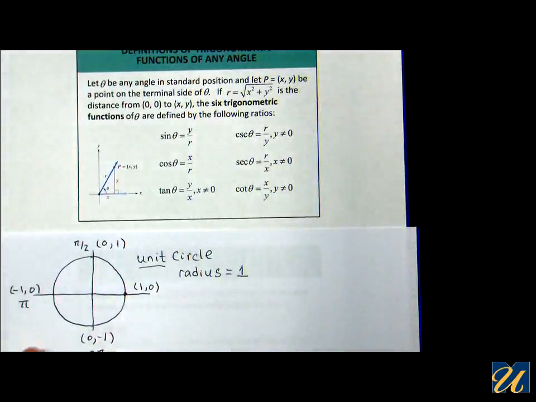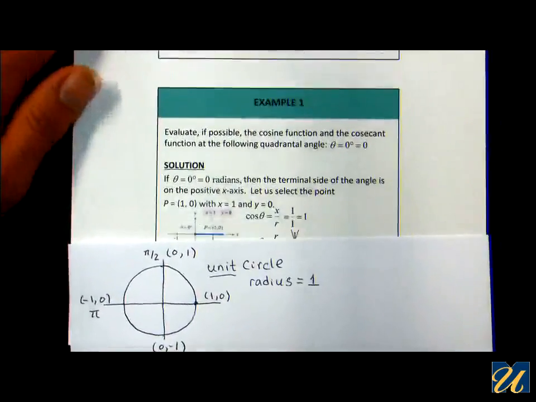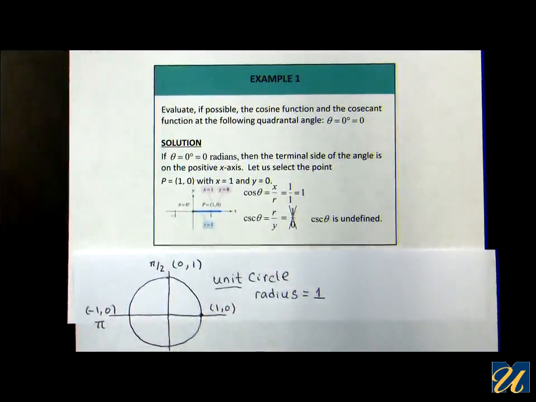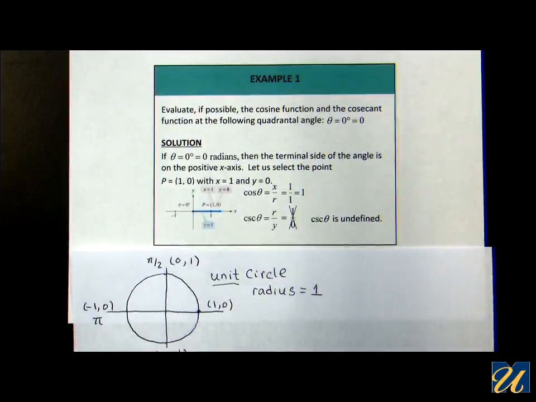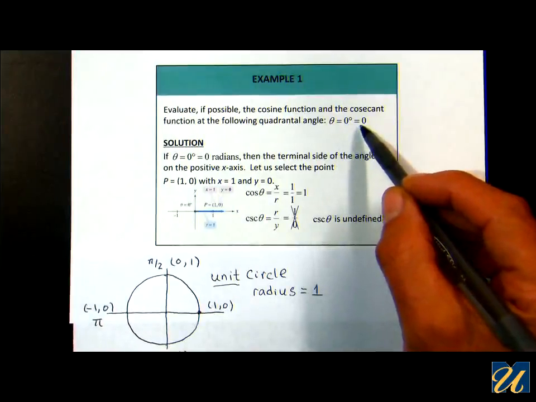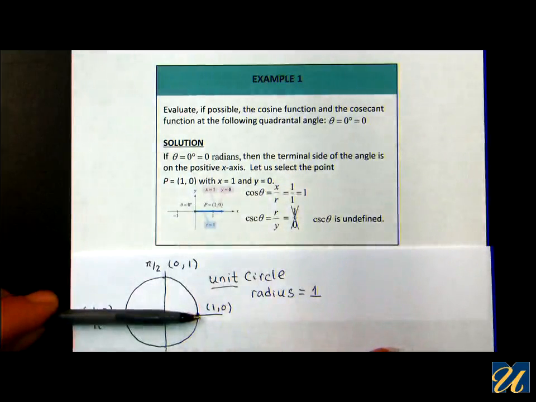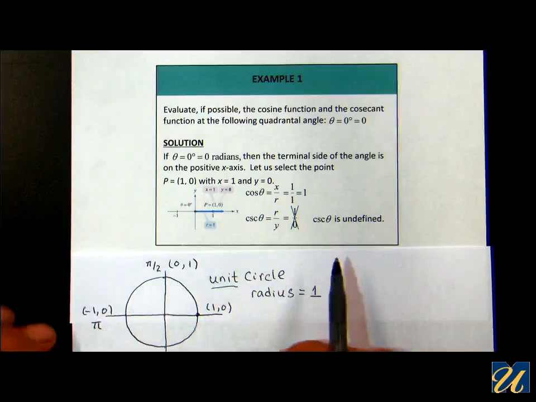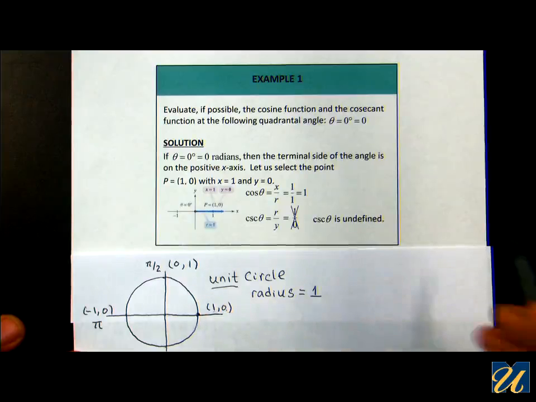Okay? So keeping this in mind, moving to the first slide, we have: evaluate, if possible, the cosine function and the cosecant function at an angle of 0 degrees, which is also 0 radians. That means we're right here. So the initial and terminal side of the ray is here, and we do not rotate at all, so the angle is 0. Since r is 1, sine is just the y-coordinate, which is 0, and cosine is the x-coordinate, which is 1.